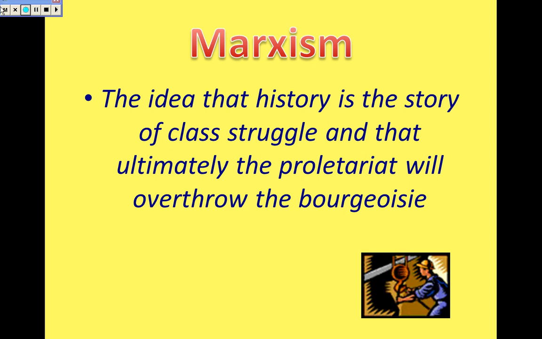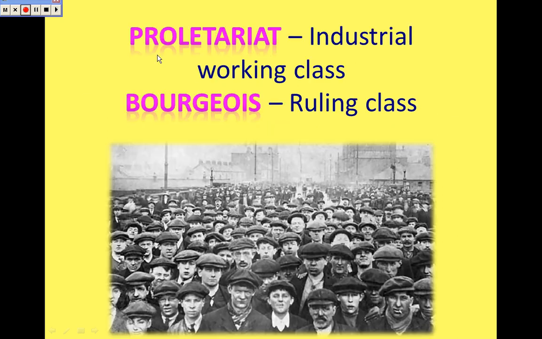However, Karl Marx has to go and confuse that by having a little bit of a different definition. He refers to all of history as being a class struggle. He says you can go to any point in history and there was a class struggle occurring. And right now, he's saying in the 1800s, you had the proletariat. By the proletariat, he means the industrial working class, and the bourgeois or bourgeoisie, the ruling class.